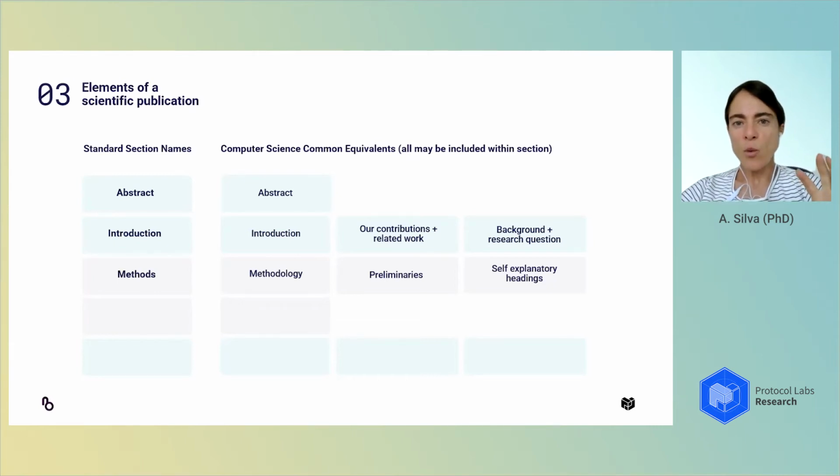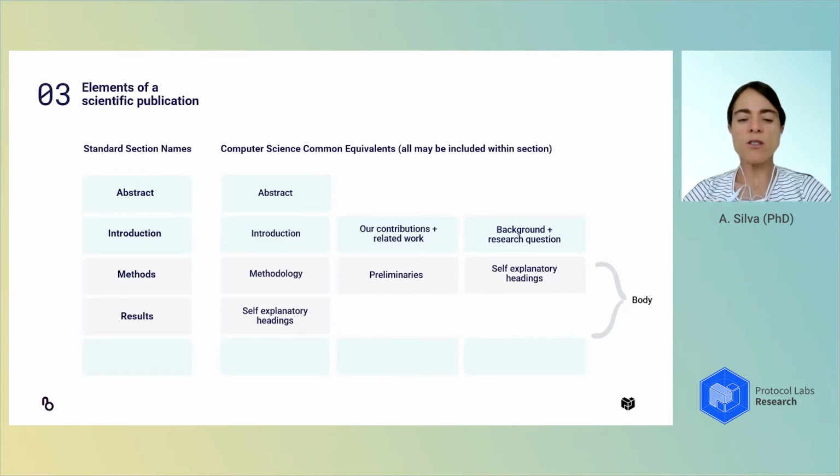So when you get into a situation where you can be creative in the section naming, then you also have to be extremely careful, from the reader's point of view, to make sure that the heading is really self-explanatory about what is going to be contained inside. The results in computer science really correspond to self-explanatory headings, and the same cautions apply.